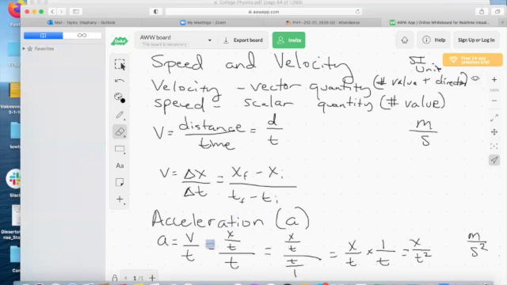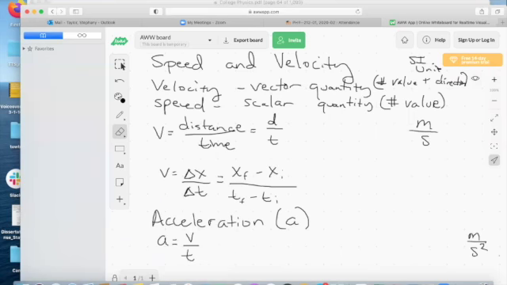What I did here was just show you how we came to our derived SI units. But you don't have to write all that out for the equation for acceleration. It's just velocity divided by the time. I was just showing you how to derive the SI units.